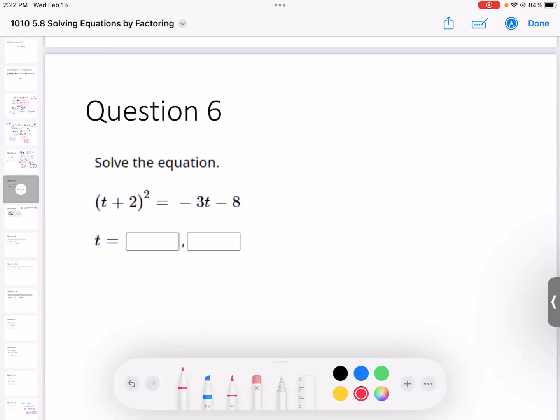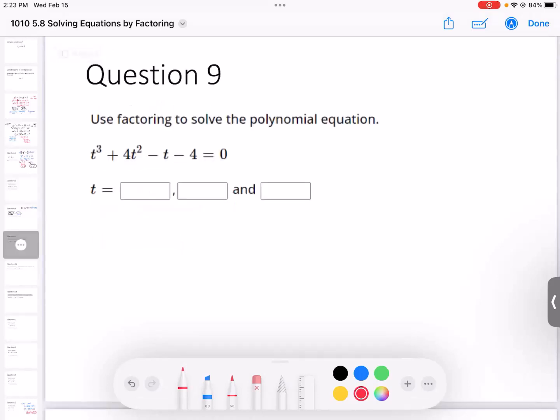Because if you subtract it over, you'll have a negative in there, and you don't want to accidentally forget to FOIL the negative. So I would FOIL everything out first and then move everything over and combine the like terms to make it equal 0. You could do it either way, but I think it would be easier to do it that way. So question 6 and question 8 are like that, where you have to FOIL them out and then combine like terms and then refactor it.